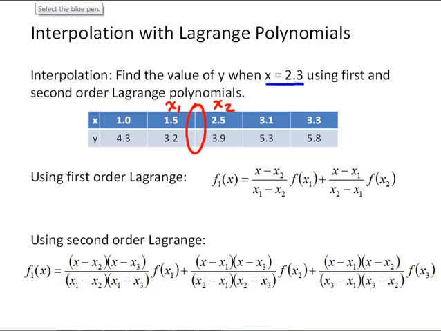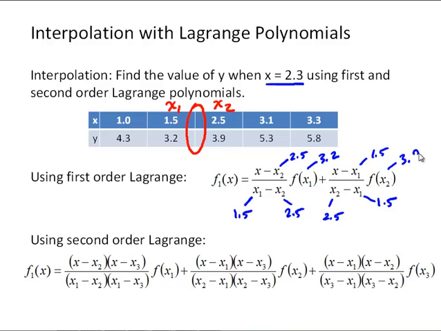And then what we'll do is just plug these into our first order Lagrange interpolating polynomial that I've rewritten here. So we have x1 is 1.5, so there's a 1.5 there, 1.5 there. We have x2 is 2.5, so that's going to be 2.5, 2.5, 2.5. And then the y data corresponding to that, f of x1 is going to be 3.2, and f of x2 is going to be 3.9.